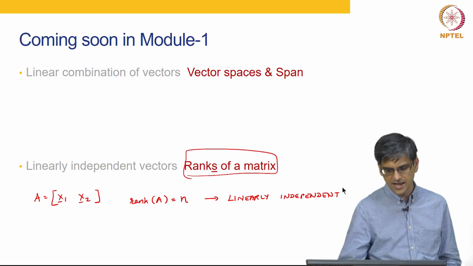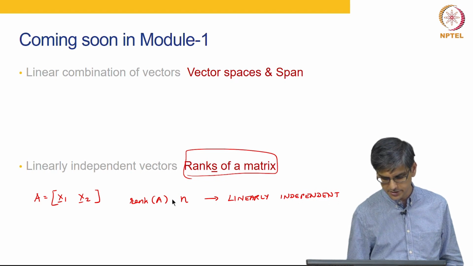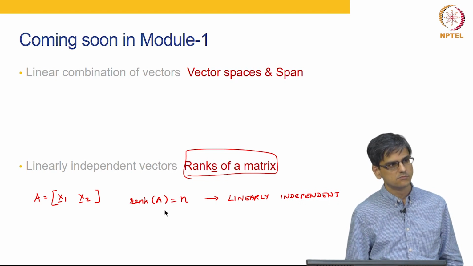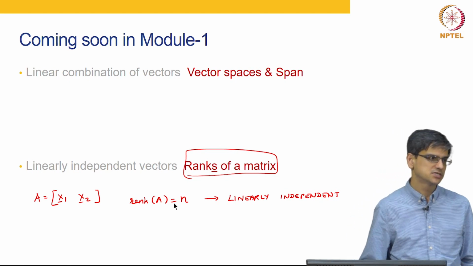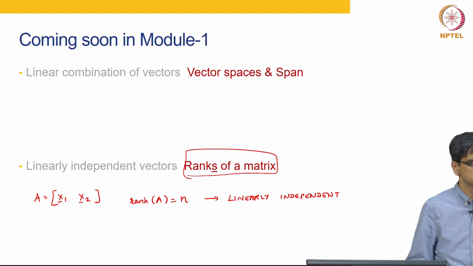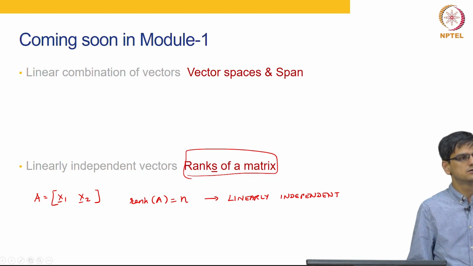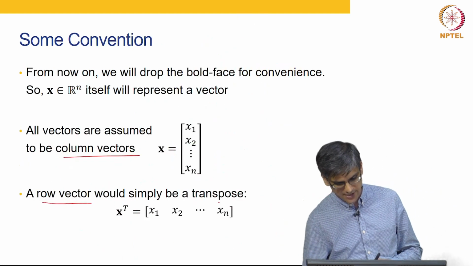Okay. If the rank was not equal to n, then they are not linearly independent, right. The rank of the matrix is going to be equal to the number of linearly independent vectors in that matrix. This is actually a little bit more conceptual about the rank.